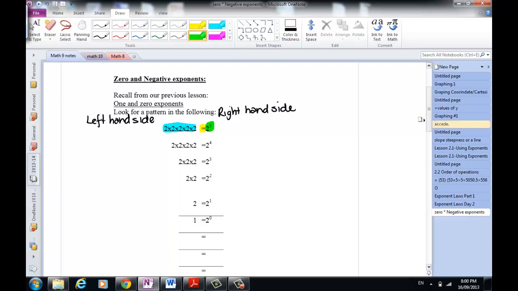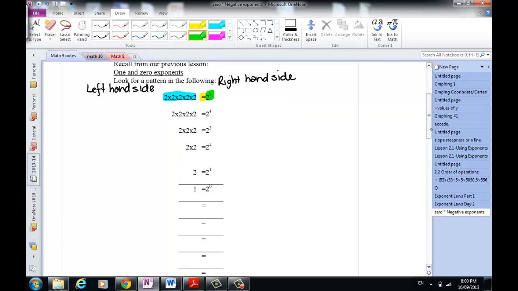Now I just want us to start to look down the right-hand side. As I'm going from the first equation to our second equation, our exponent is decreasing by 1.